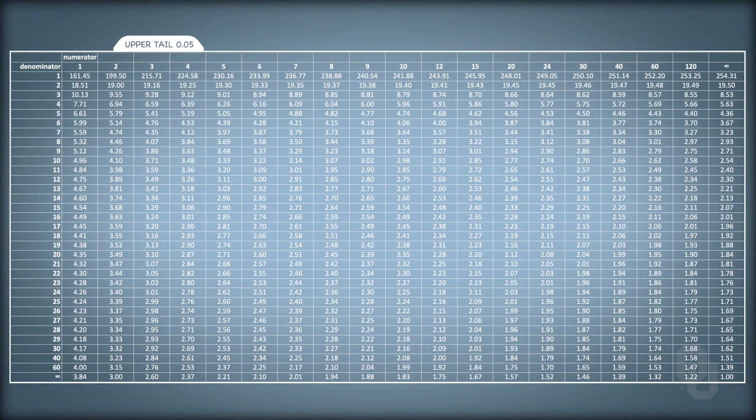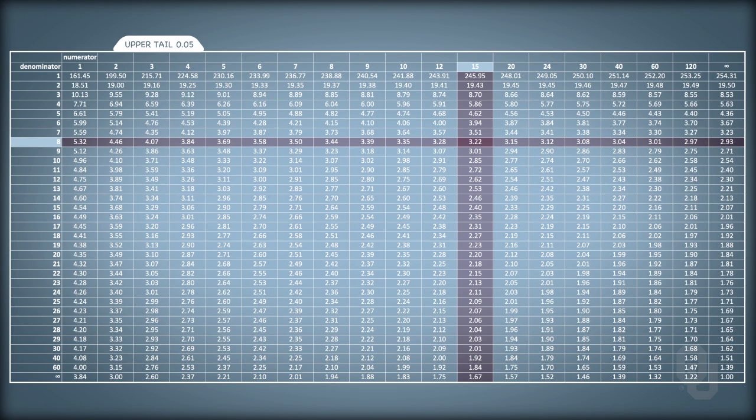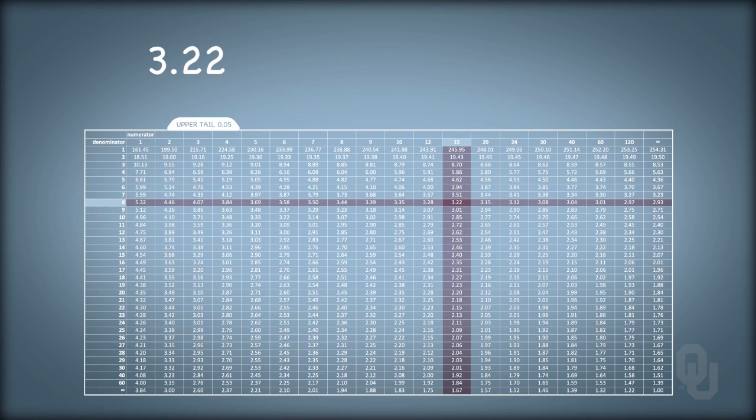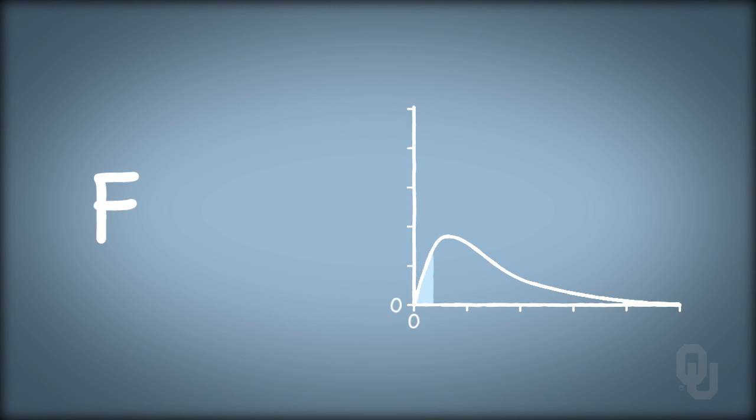In the 0.05 table, we go over to the column with 15 degrees of freedom in the numerator and to the row with 8 degrees of freedom in the denominator. This value is 3.22. The inverse, 1 divided by 3.22, is 0.311. So if we have an F distribution whose degrees of freedom, numerator and denominator, are 8 and 15 respectively, then the value on the axis associated with 0.05 in the lower tail is 0.311.